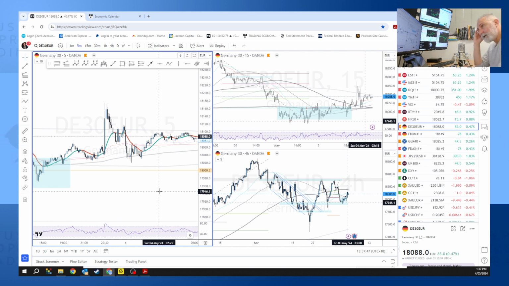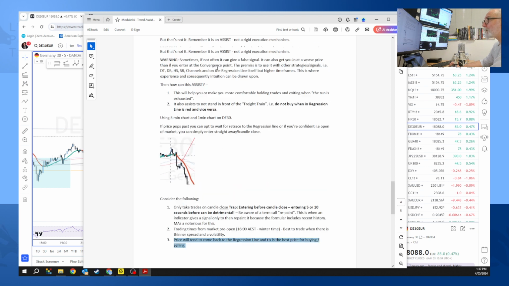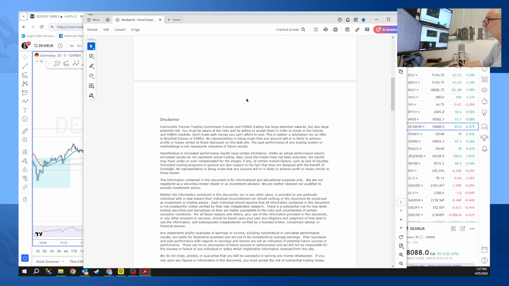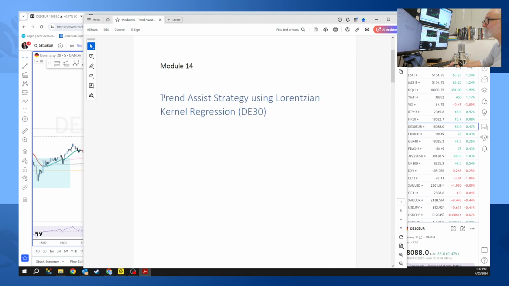What this Lorentz does, and this is why I've put it on here and called it Module 14, Lorentz Trend Assist, is it's just another tool to assist you.